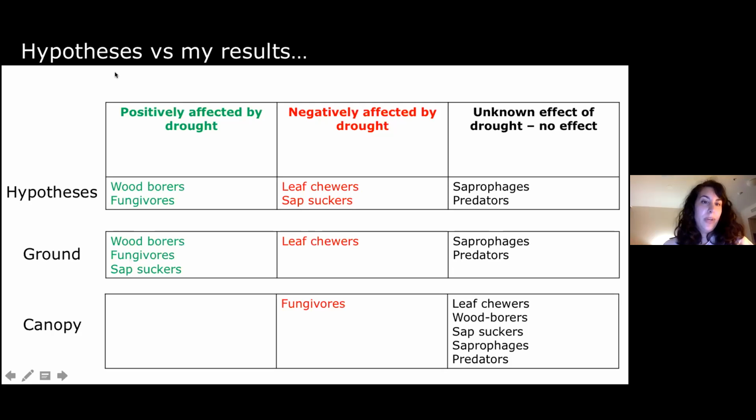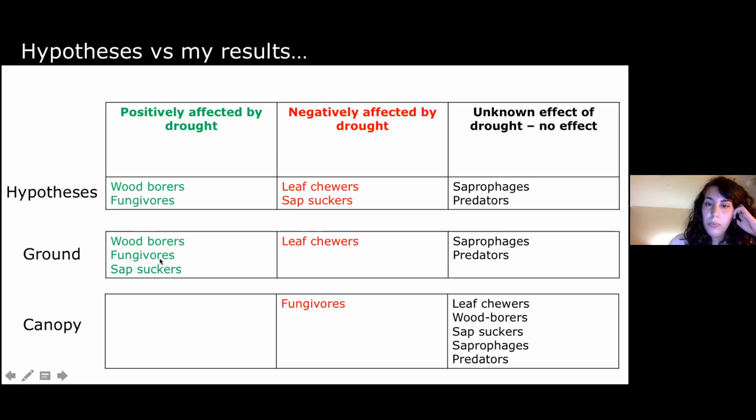So in terms of how my results for insect abundance compared to my hypothesis, at the ground it was fairly similar to what I expected. I was expecting more wood borers and more fungivores because of the increase in dead wood. The interesting difference though was for sapsuckers.